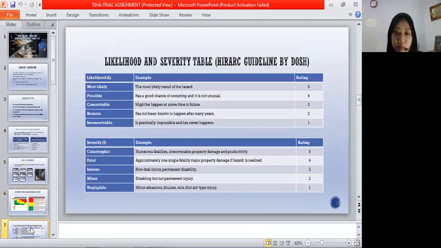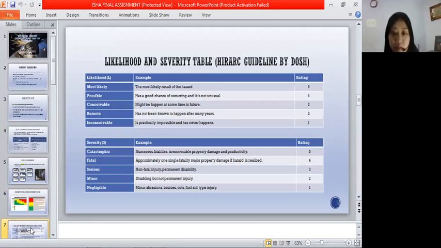Hi, Assalamualaikum. So I will continue the presentation with the likelihood and severity table based on the hierarchy guideline that has been approved by DOSH. So this is the table for likelihood and severity that we use. For likelihood, we have five steps: most likely, possible, conceivable, remote, and inconceivable.